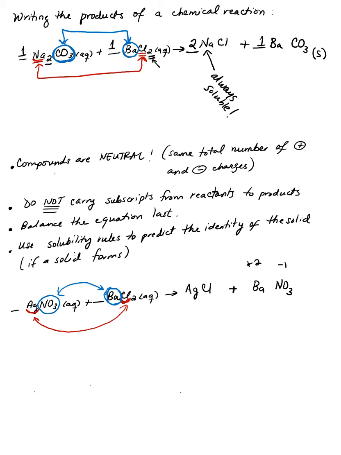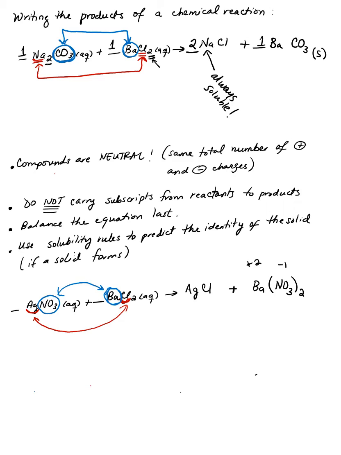You need to increase the number of negative charges. You need 2 negative charges to cancel out your 2 positive charges. So you need 2 nitrate ions, which gives you a neutral compound.